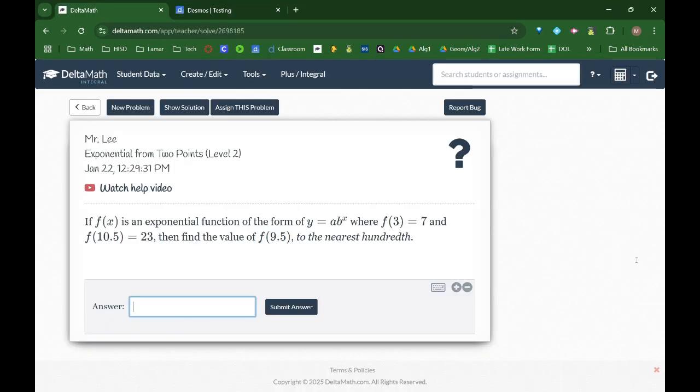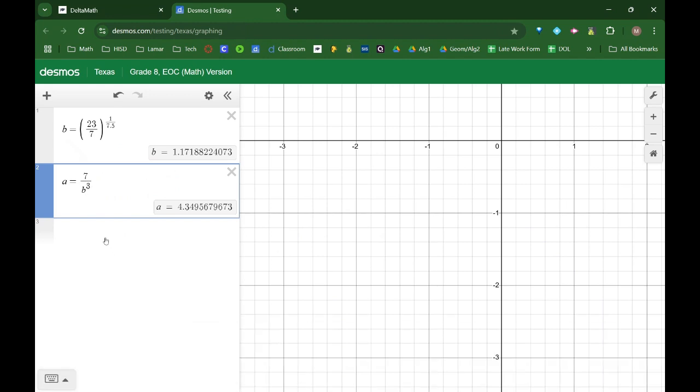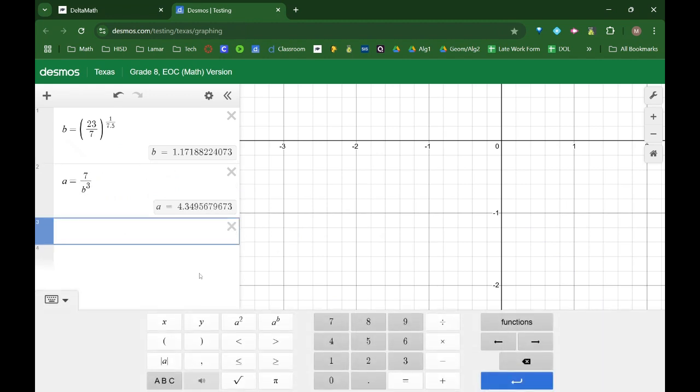But the thing is, for this level 2 stuff, please don't plug in y equals a b to the power of x. That's not the answer. Remember, we're looking for f when x is 9.5. The way we calculate that is, now that we've defined a and b in the calculator, we can write a times b to the power of 9.5, and it will calculate the answer for us.